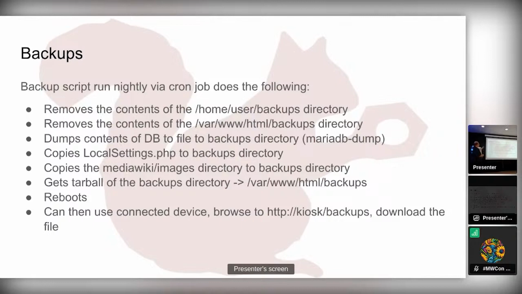So we just clear out yesterday's backup, dump the database, copy local settings, grab everything in the images folder, tar it all up, and put it in a location that is browsable at the kiosk/backups link. Then there's a single file, they download it, or if we're swinging by to take a look, we download it, and you can bring it home.